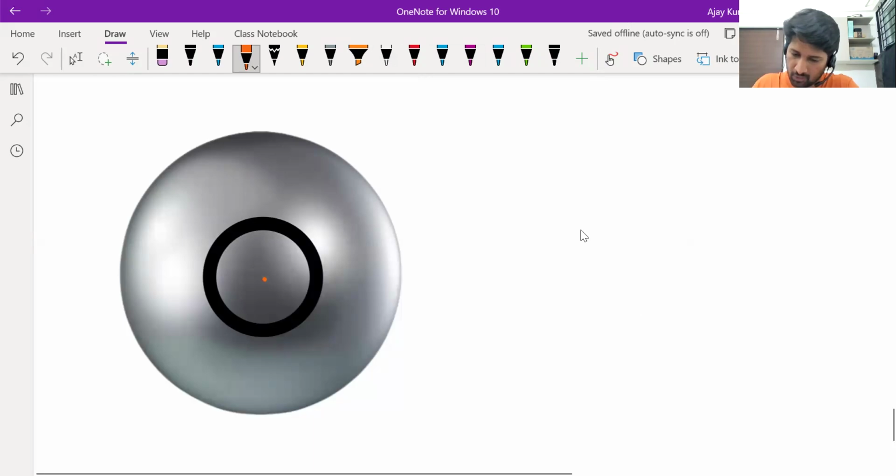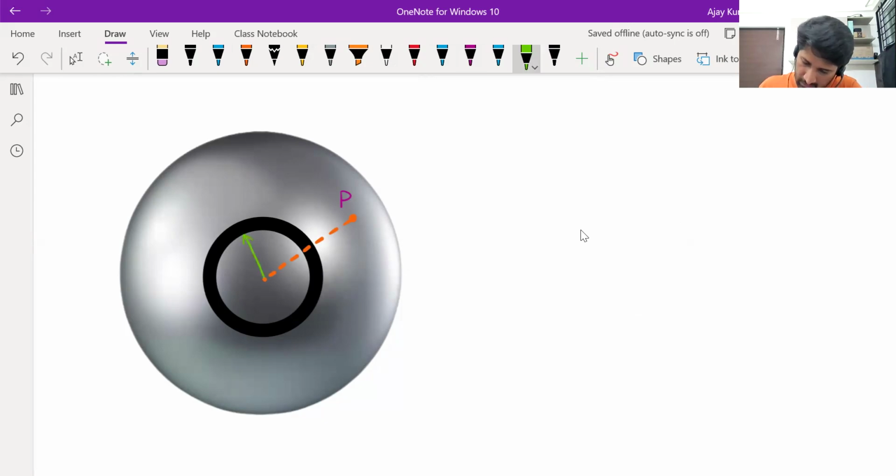The point where we want to find out the field is somewhere here, P. We took a shell element of radius r, thickness dr. So this shell element is going to have some mass dm, and that mass will create a field at P because the point P is external to this shell.